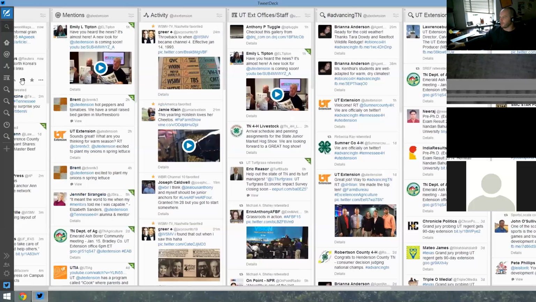So several different ways. There's a lot of similarities here between TweetDeck and Hootsuite. I don't have any reason to really recommend one over the other. I prefer TweetDeck. I don't know why. If you're wanting kind of a one-stop shop to be able to manage your Facebook posts and your Twitter posts, then I would encourage you to go with Hootsuite.